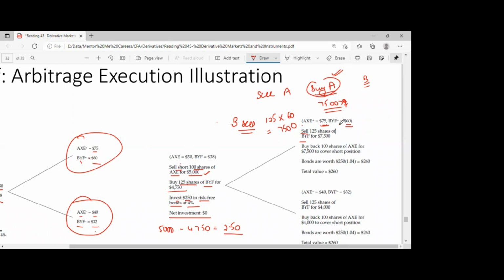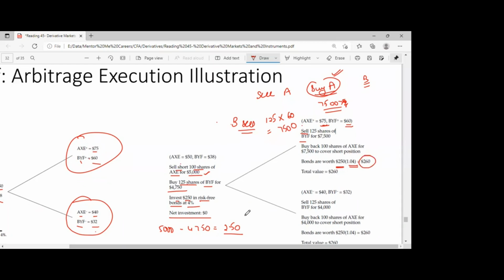Net हो गया 0. ठीक है, तो जो 7500 का इनफ्लो आया बी की सेल से, वही हमने यूज कर दिया ए को बाय करने के लिए, एंड नेट बेसिस पे अपने पास इनसे तो कुछ नहीं बचा, लेकिन we had invested $250 at 4% rate. So if we compound $250 with 1 plus 4%, we will be getting $260.